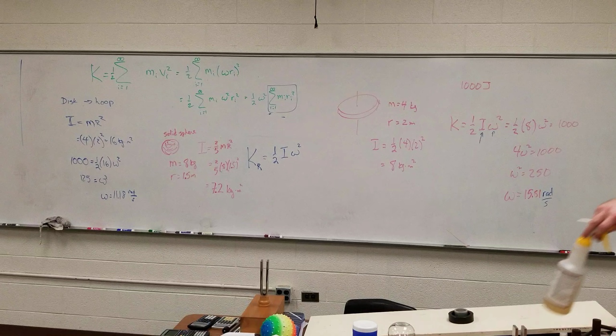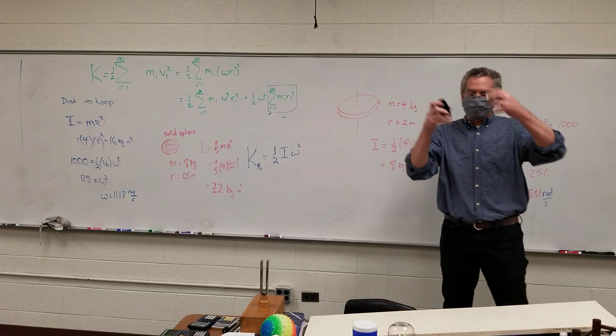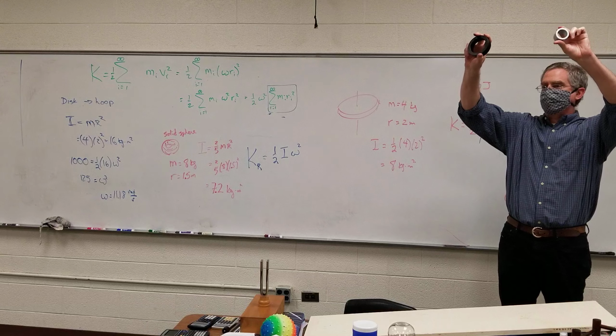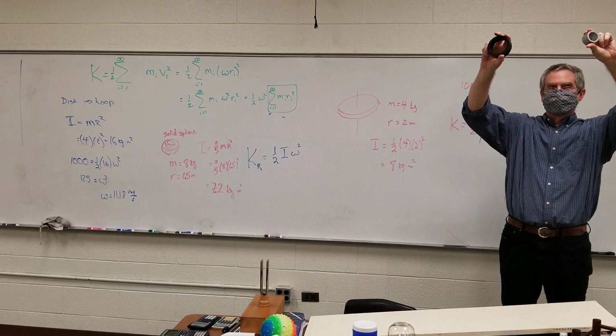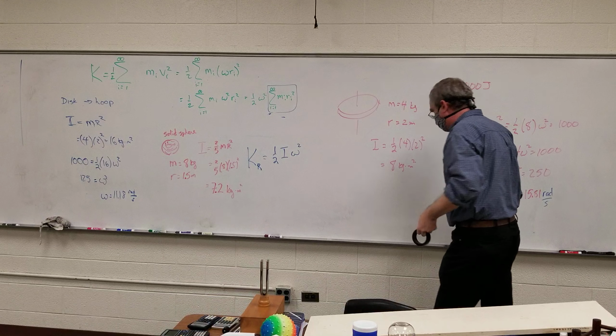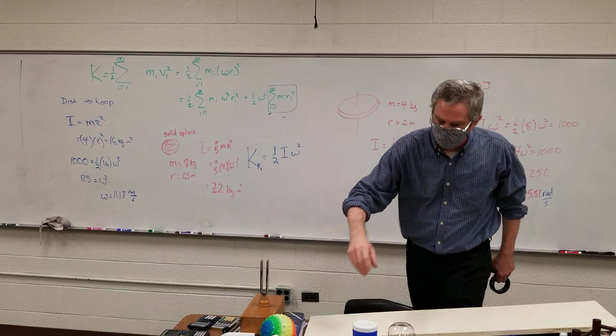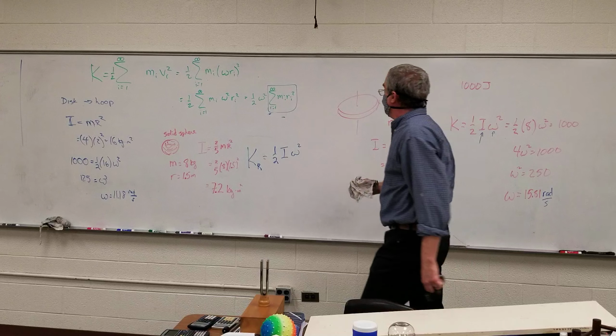So the question I start out with is, if I race these two things down the board, which one will get to the bottom first? I do want everyone, even if you don't know why, to vote on your favorite.